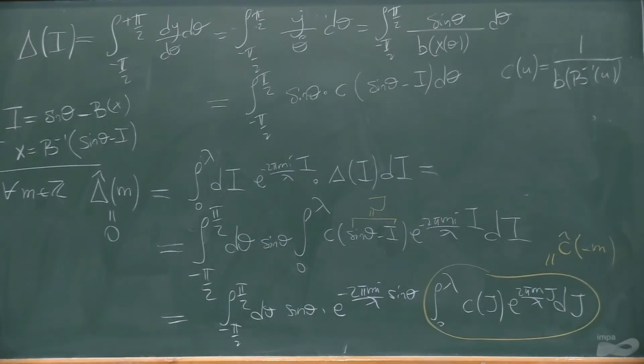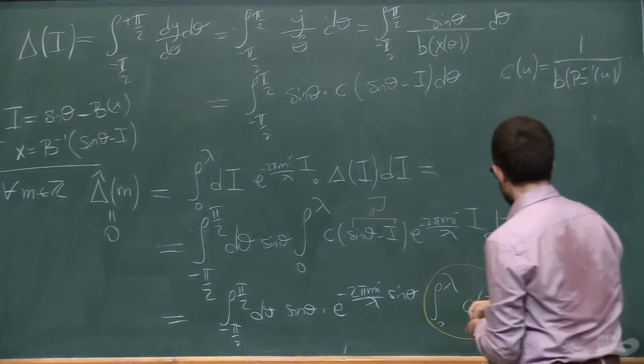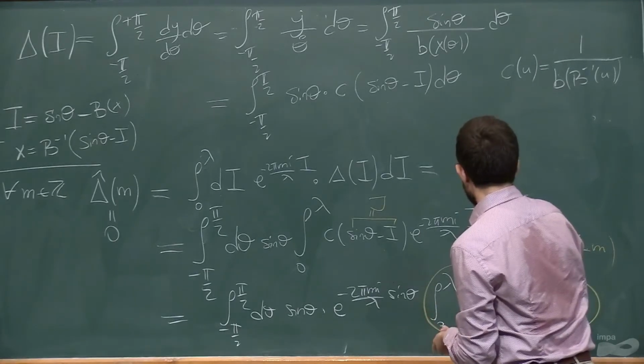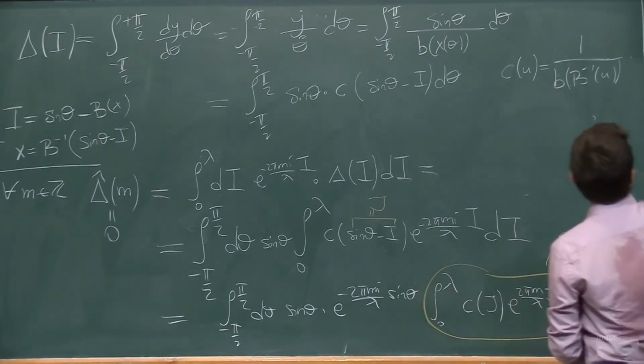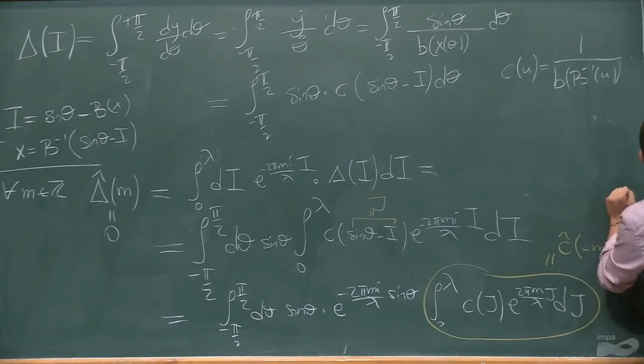So what I find now is that basically I have the product of two numbers, and this product has to be 0 for each m. So this means that one of these two numbers has to be 0, but one of the two numbers actually doesn't depend on my problem. So this number here is completely independent of my problem. It is the integral of d theta sine of theta, and then here e to the minus 2 pi m I lambda sine of theta.